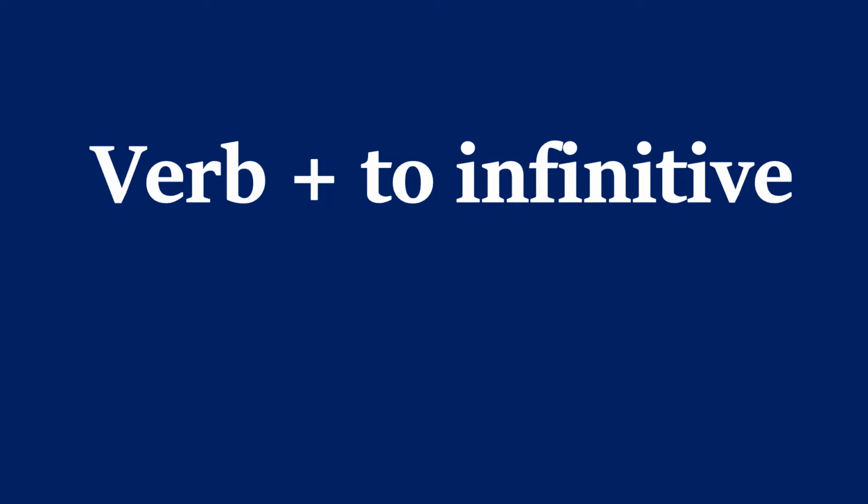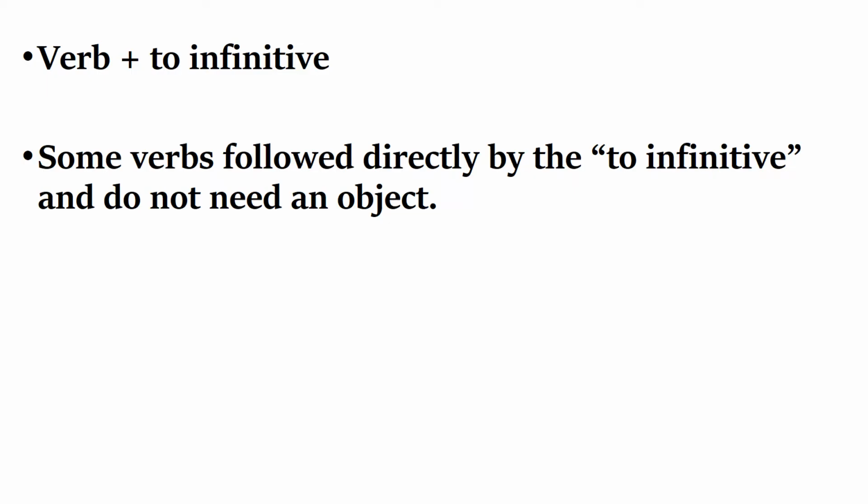The first pattern is verb plus to infinitive. It means the second verb should be used in the simple form plus the preposition to. Some verbs are followed directly by the to infinitive and do not need an object.